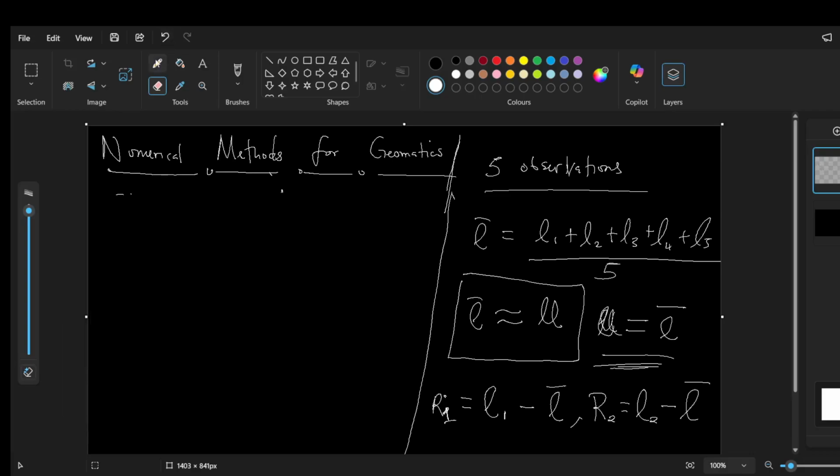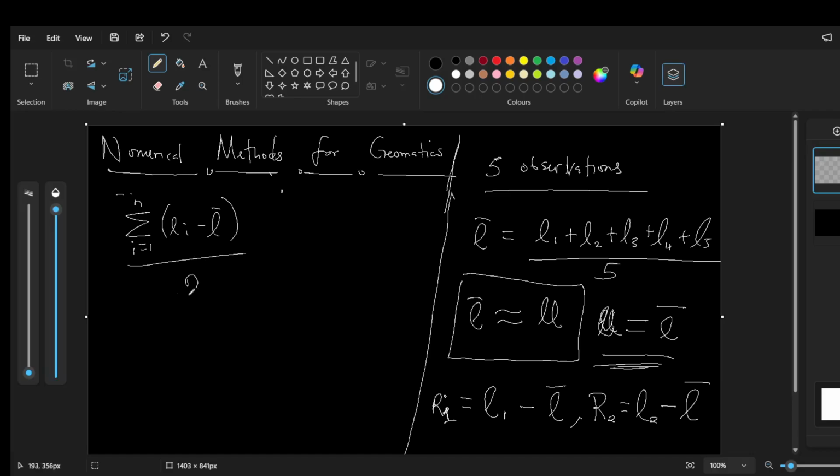The summation of the residues, you can write that like so. This is equal to the variance, which is the summation of li minus l bar over the number of observations.